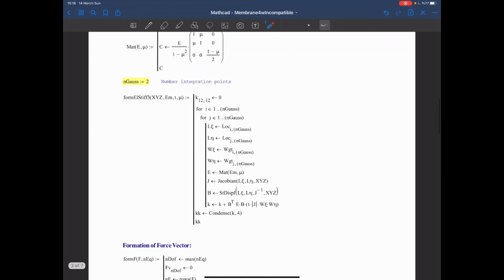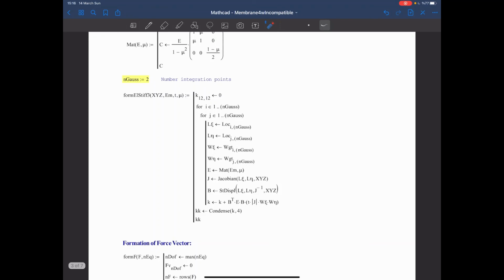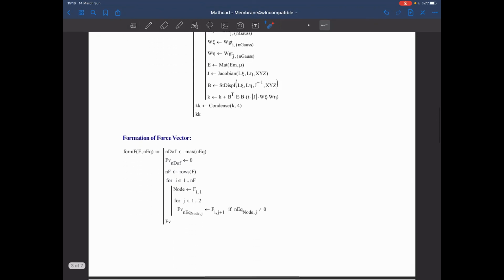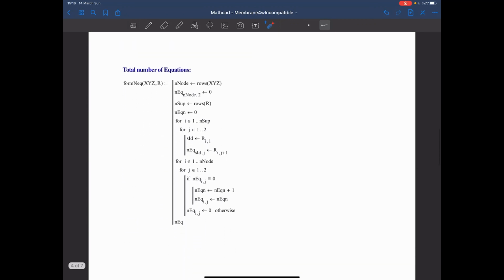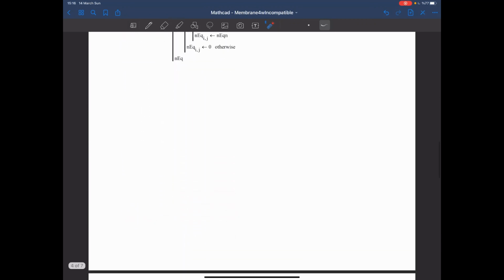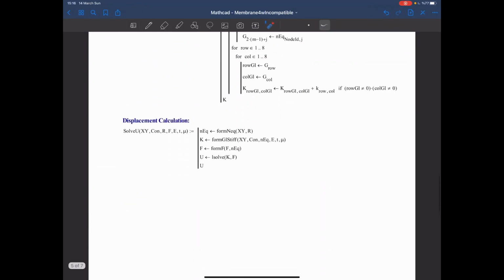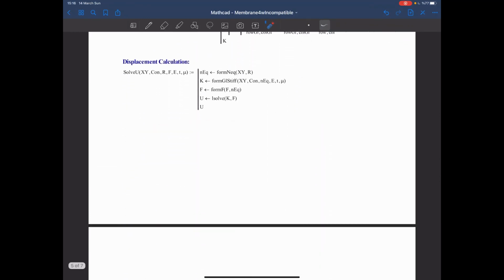We have the same constitutive relationship, so I'm forming the element stiffness matrix. It condenses out the bottom 4 terms in the stiffness matrix, and at the end of the day it will give me a 12 by 12 stiffness. This is again the same algorithm for the force. Calculating the equation numbers is here. I'm assembling the global stiffness matrix and then the solution.